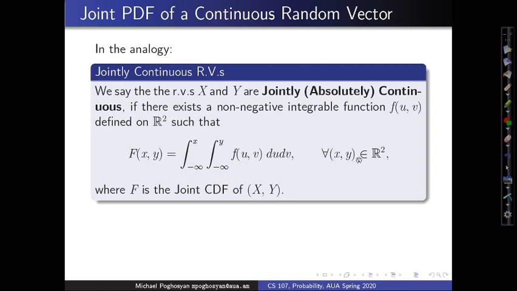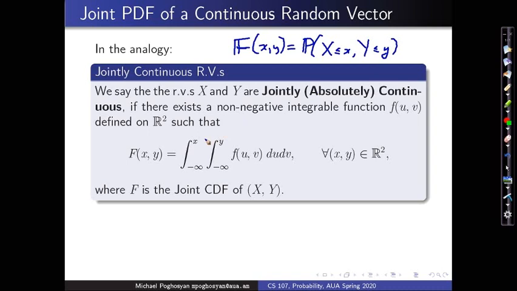And this works for any x, y. So let me just quickly recall the definition of joint CDF. The joint CDF F_XY is the probability that our random variable X is less than or equal to small x and Y is less than or equal to small y.